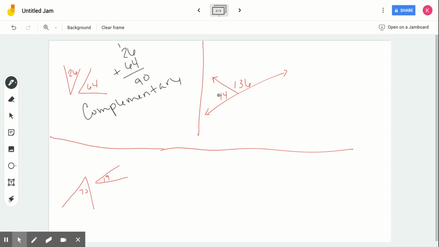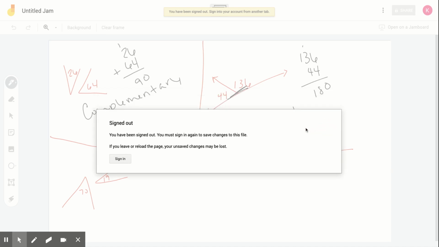On the next set, again, we can add these together. We can also see that these make a straight line when added together, and we know that straight lines are 180 degrees. And when two angles add up to 180 degrees, they are said to be supplementary.